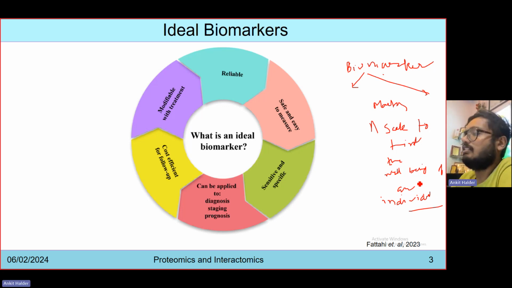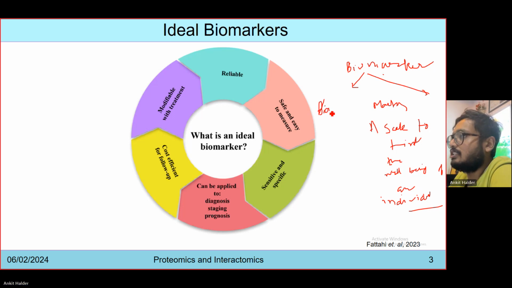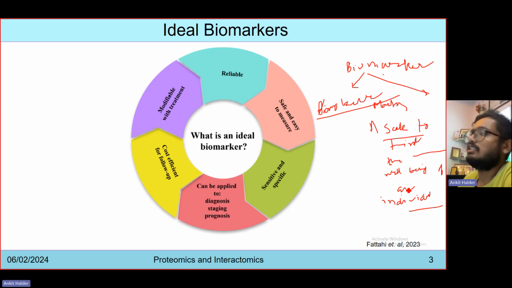So a marker can be set as a scale, and bio because it is any biomolecule that can be DNA, RNA, or protein. So any biomolecule, and the scale to find out whether to mark the well-being of an individual, whether an individual is there or not.